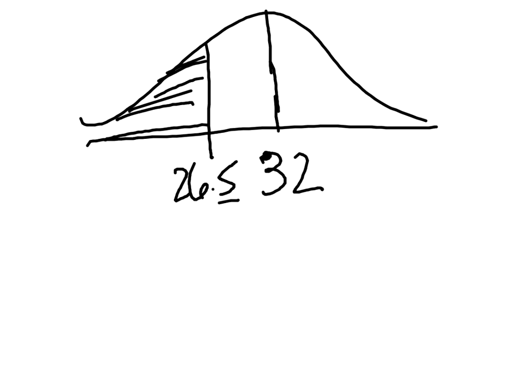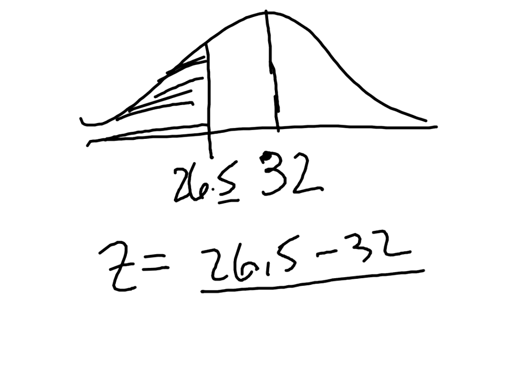Okay, and you can see how they turned that into a z-value, which normally in a binomial situation, because it's going to get a hit or not get a hit, it's two outcomes. They end up with 26.5 minus 32 over our standard deviation of 4.66, and our z-value equals minus 1.18.